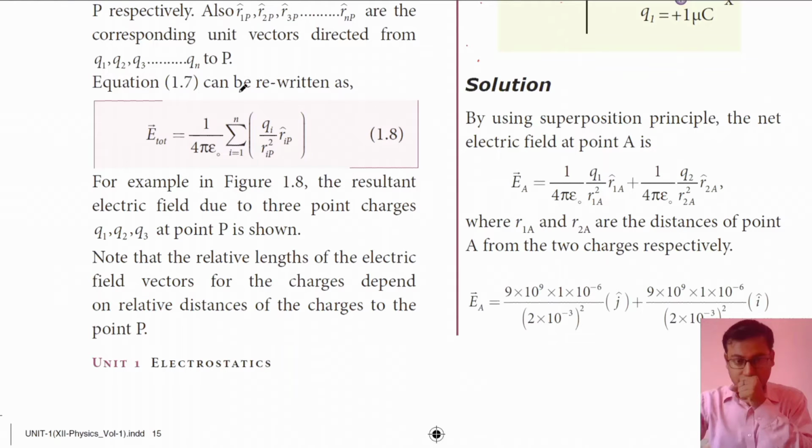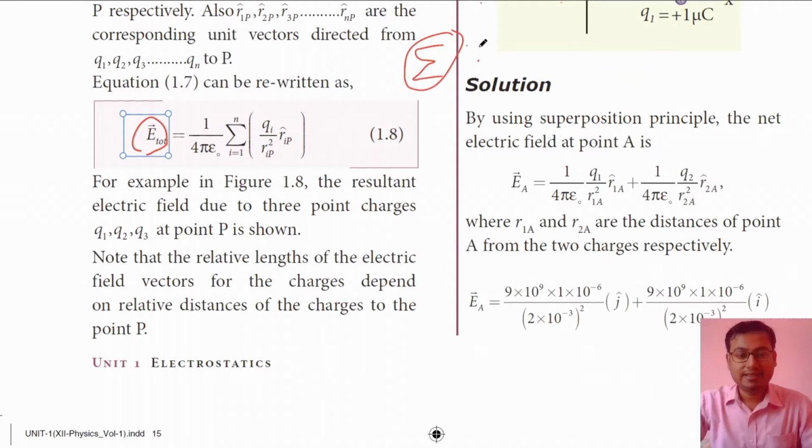About this sigma, you have studied very well in class 10th, in the last unit of mathematics, statistics, and in unit 11; sigma means the sum of all the terms. So this is the general equation of total electric field at a point because of n number of charged particles.